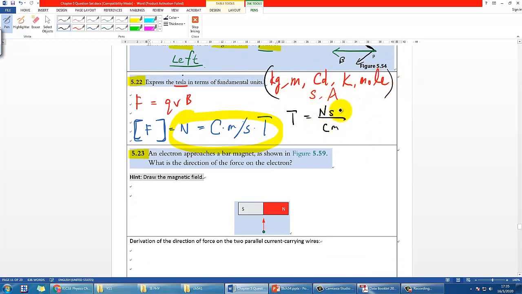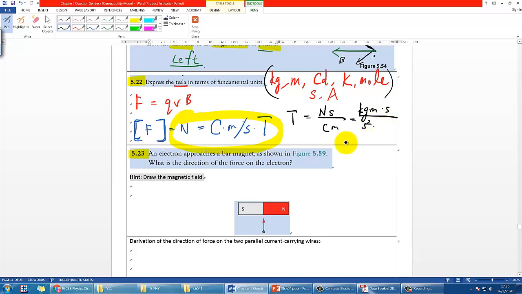Remember, these 7 will be fundamental units. So what you have to do is further dissolve them into fundamental units. For Newton, if you recall, F equals ma, you can make use of that. So kg meter per second square, and the second I'll keep it.